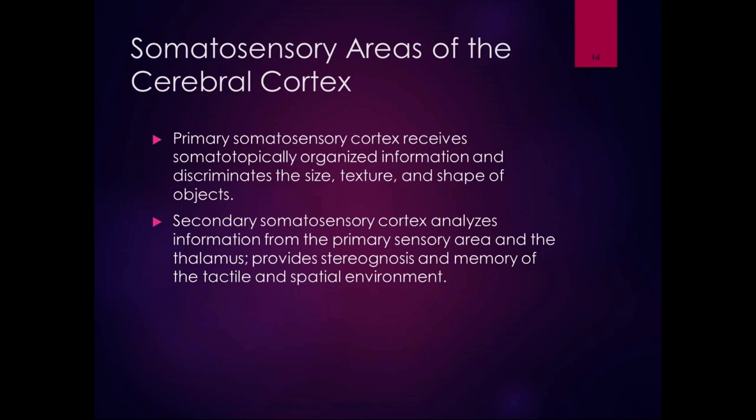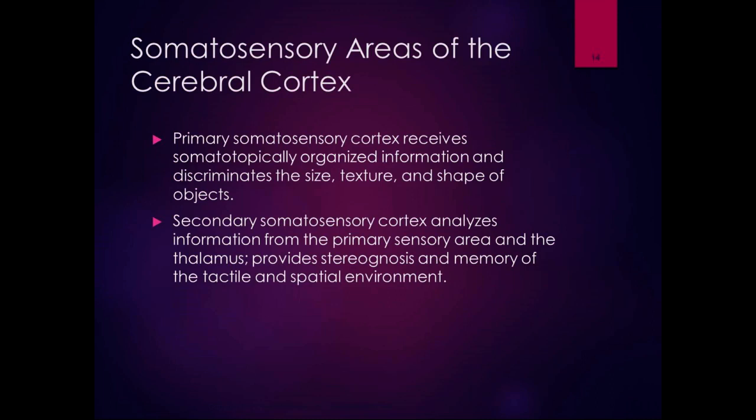The secondary somatosensory cortex analyzes the information that it receives from the primary sensory area and the thalamus, and it provides stereognosis and the memory of tactile and spatial environment.